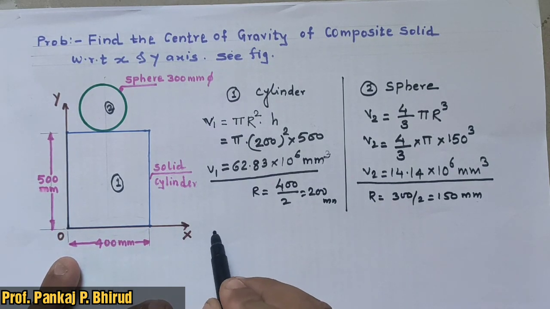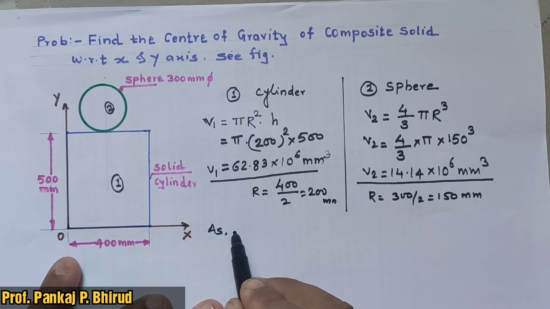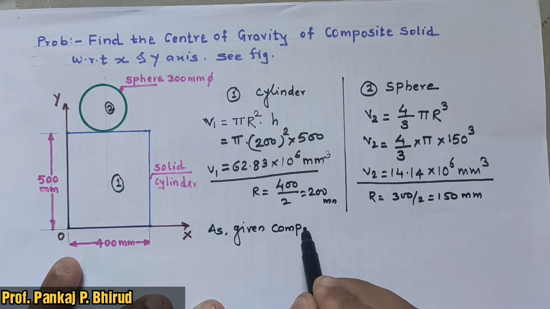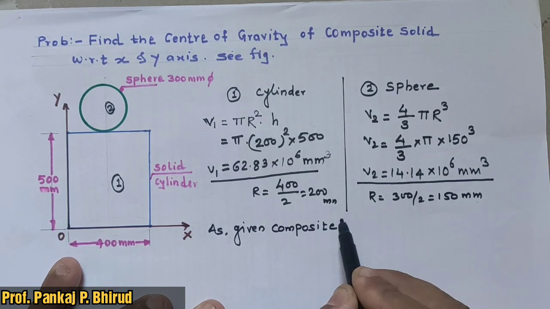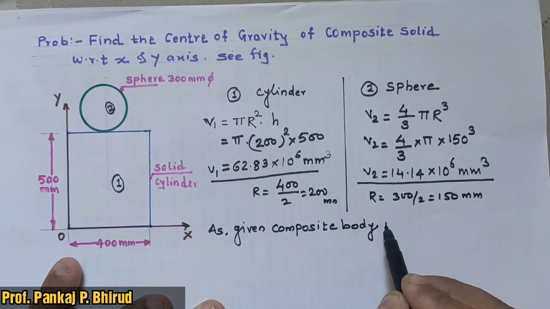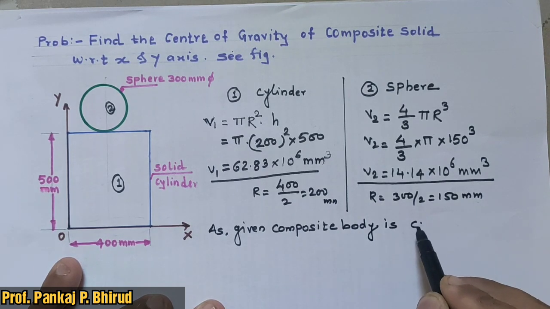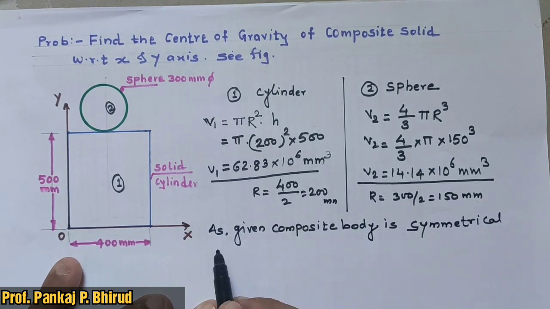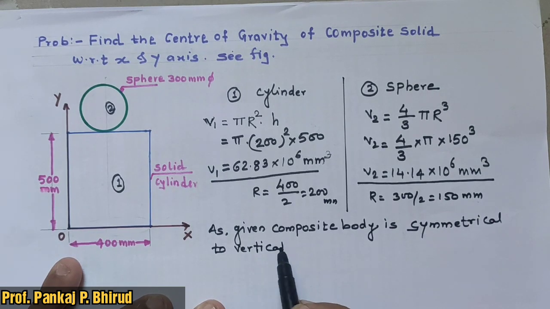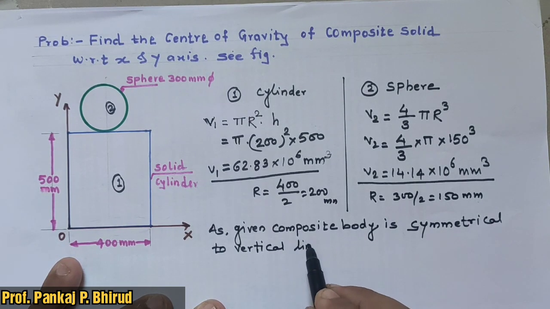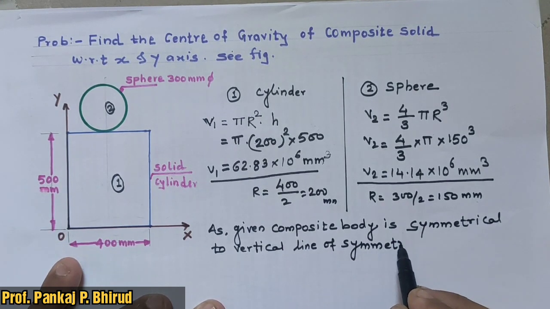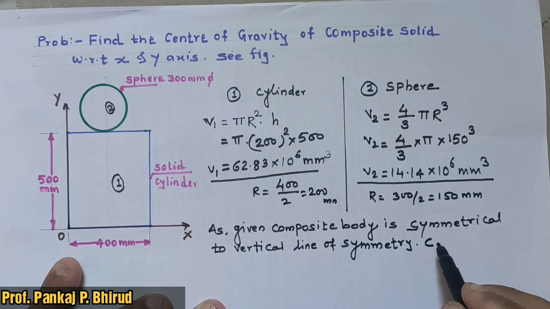As the given composite body is symmetrical to the vertical line of symmetry, the CG lies on it.